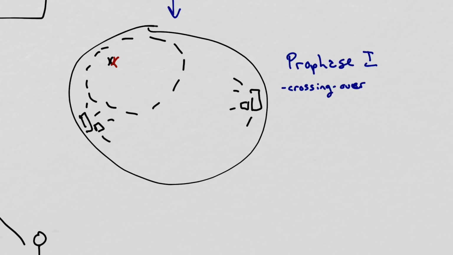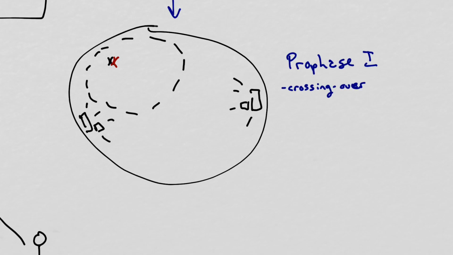This is a really important process, and this is the process that the cell uses to make sure that chromosome 1 is paired up with a chromosome 1, and a chromosome 2 is paired up with a chromosome 2, and a chromosome 3 is paired up with a chromosome 3, and so on and so forth. Okay? This crossing over is incredibly important.